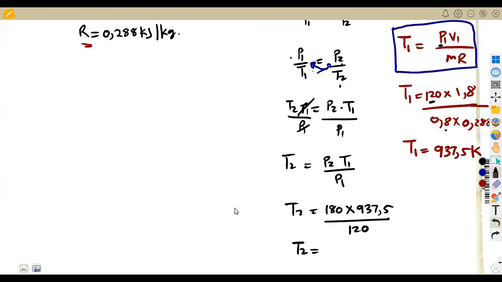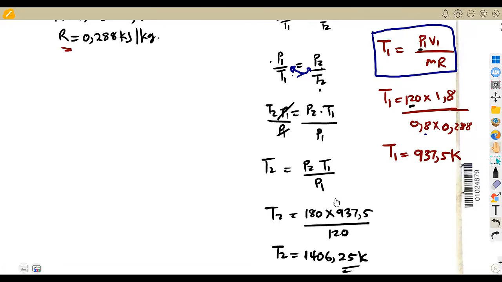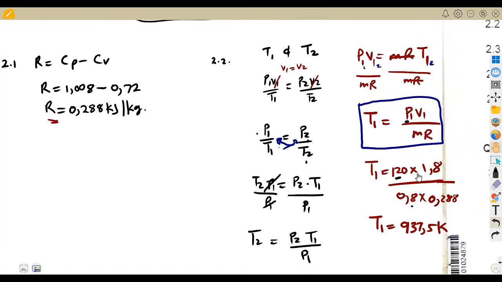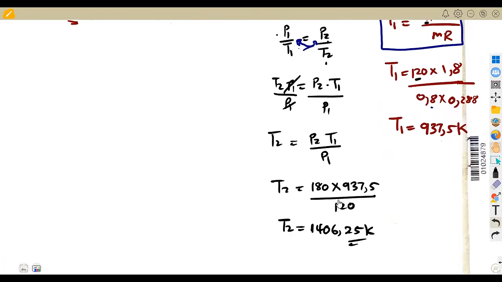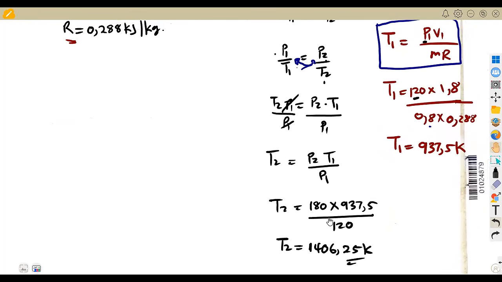This is going to give us T2, which was 1406.25 in Kelvin. So as you can see, we are obtaining the same answer from different formulas. As long as you are using the right formula, you obtain the same. It's not like there is only one formula to use; there are so many ways to apply it.